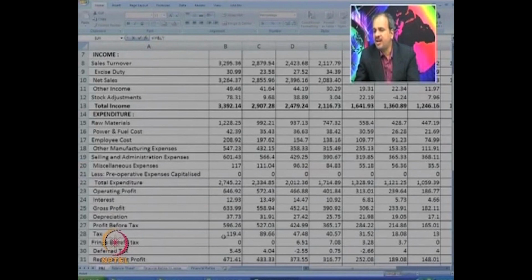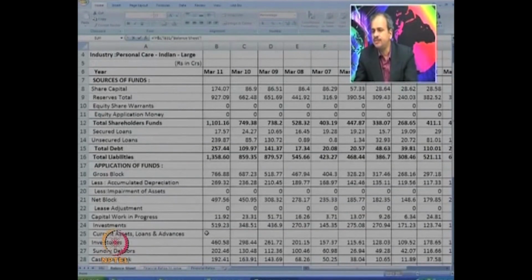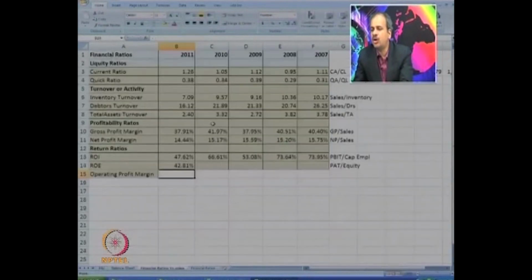So, from the P&L account, we will take the reported net profit or the profit after tax, and from the balance sheet, we get the total shareholders' funds or net worth.